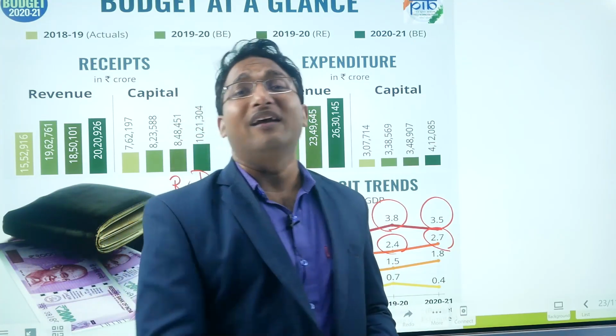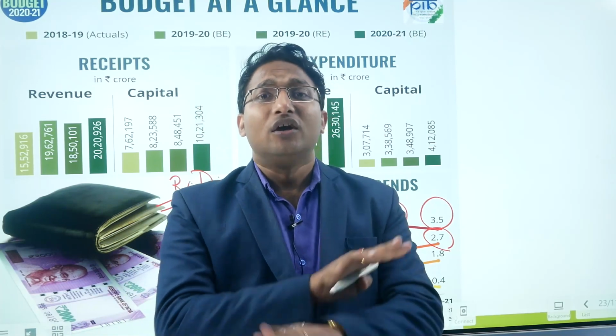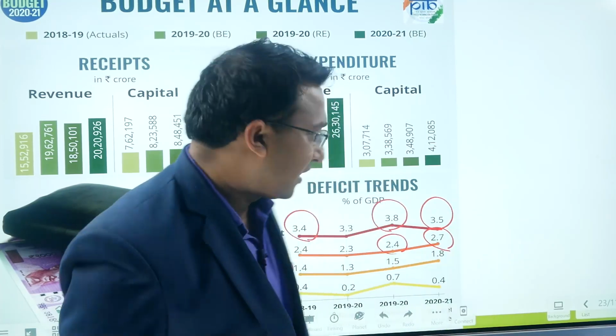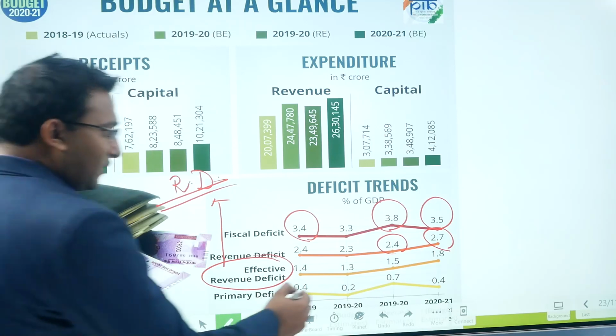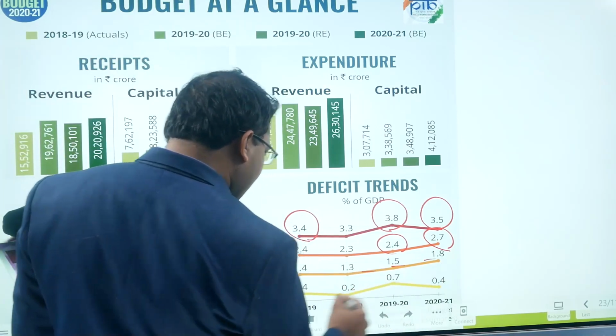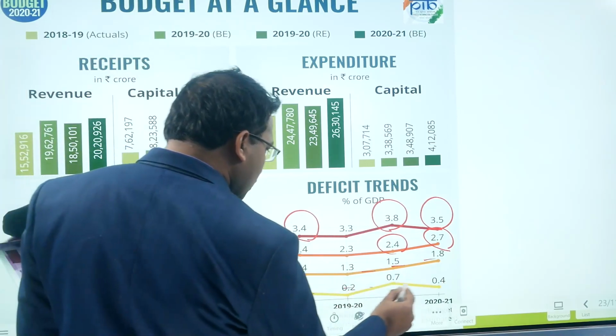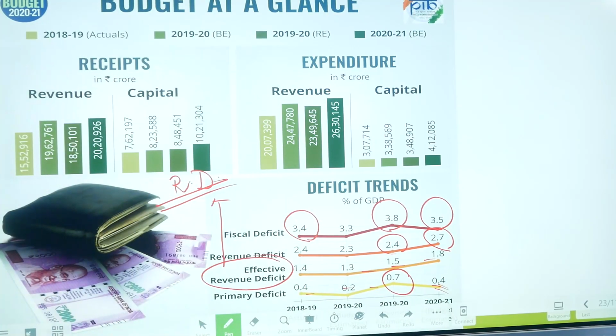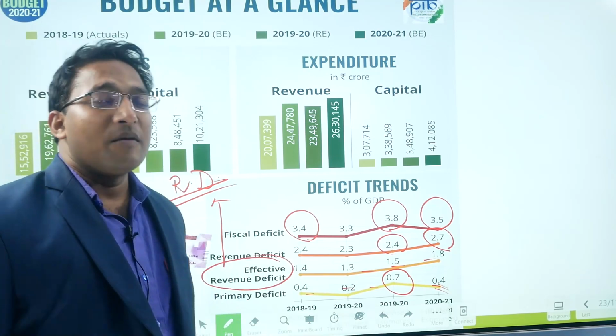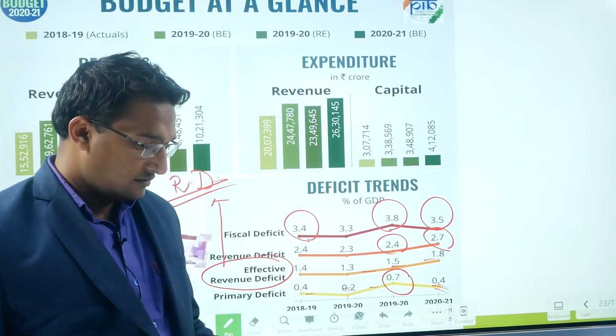So effective revenue deficit indicates the actual revenue expenditure out of which no capital asset has been constructed, right? So effective revenue deficit is also increasing year after year. Primary deficit is also increasing and decreasing subsequently. So overall you can see that the government is completely shattered.